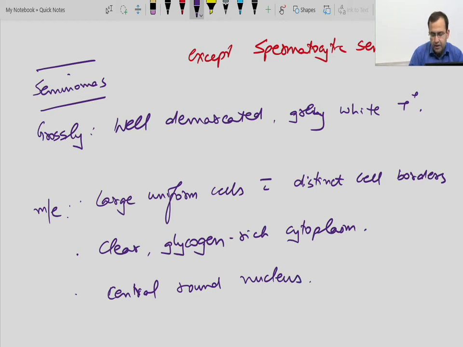This is the classical microscopy of seminoma. You will see large uniform cells present in sheets with clear cytoplasm and a central nucleus. The cytoplasm is clear because of the presence of glycogen.